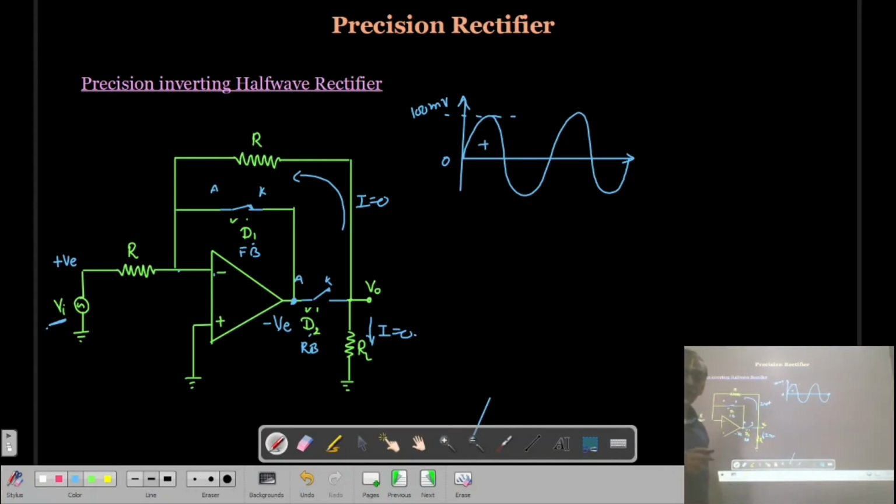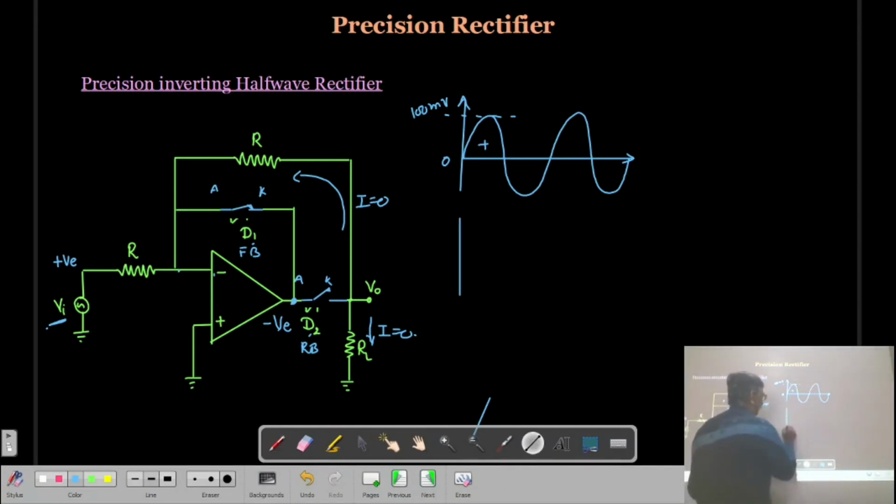Remember, when we applied a positive cycle at the input, then the output voltage will not be present. This output voltage is 0. The D1 is in on condition, but the D2 is in off condition.